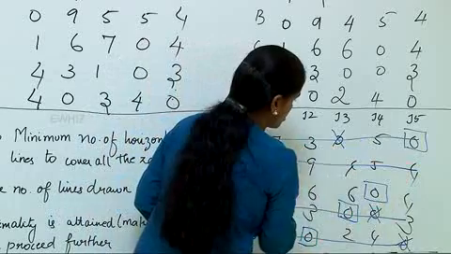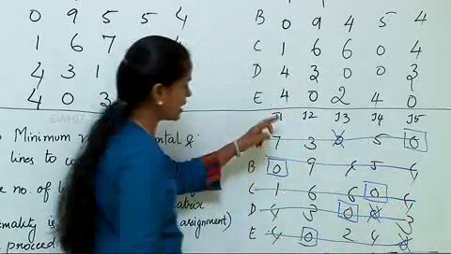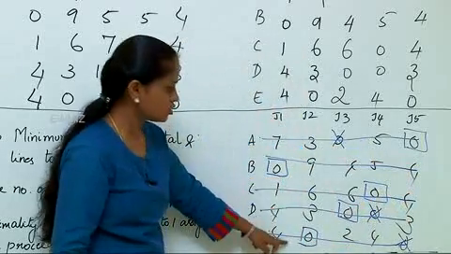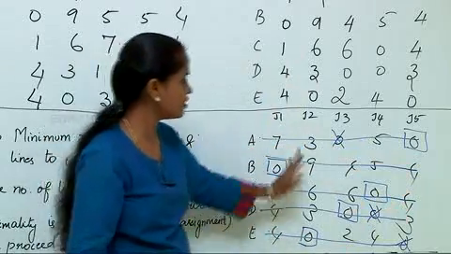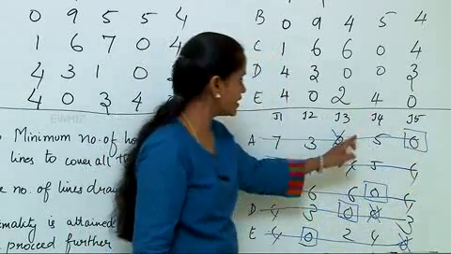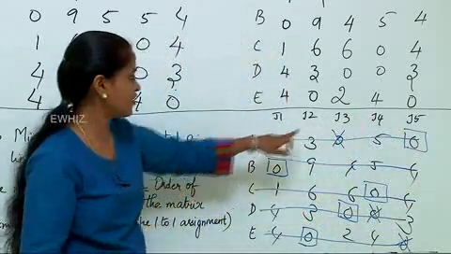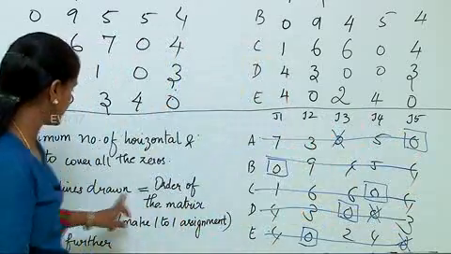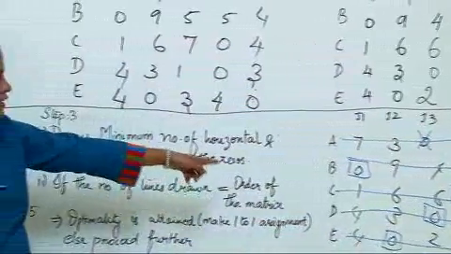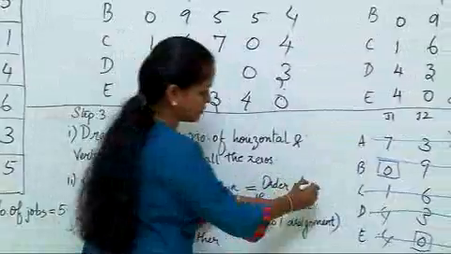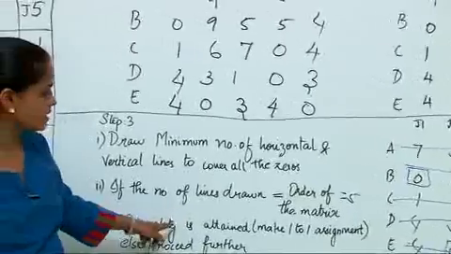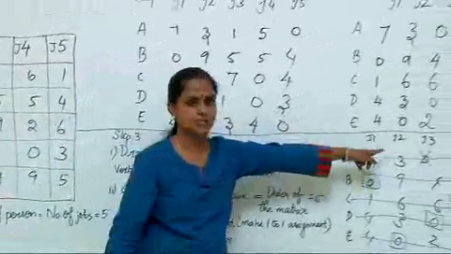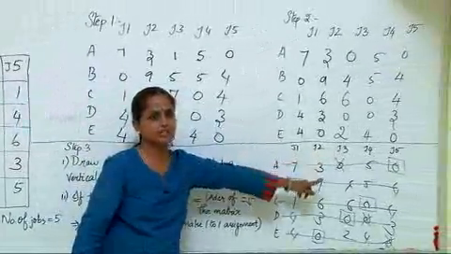So let me simply cross this. So it states that the minimum number of lines drawn to cover all the zeros tallies with the order of the matrix, 5. So here simply you can write that the number of lines drawn is equal to the order of the matrix, which is equal to 5. So this implies that one-to-one assignment is possible and one-to-one assignment is present in the form of encircled zeros.